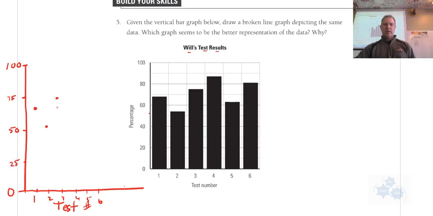Test 4 is about 87. Okay, about 62. And test 6 looks to be about 81 or so. Okay, somewhere there.